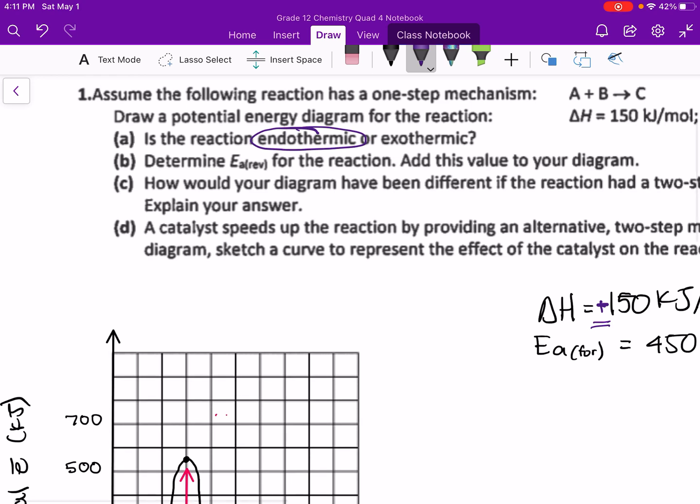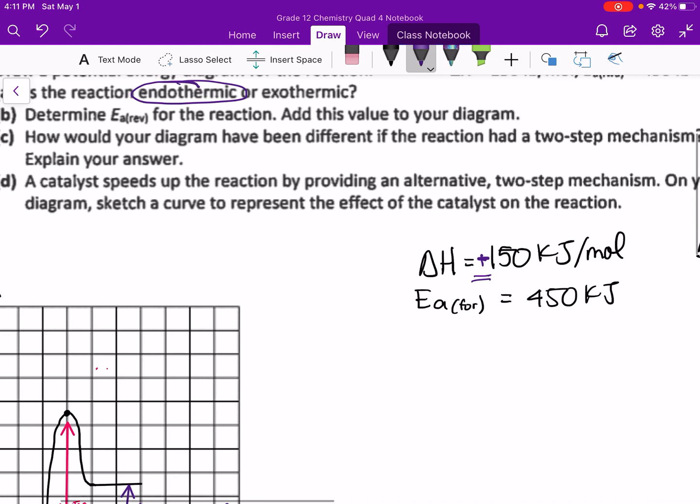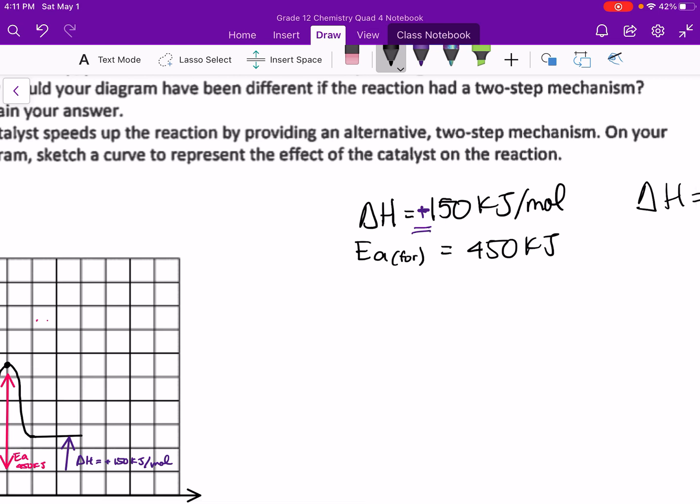For my activation energy in reverse, I need to consider my energy at my transition state minus my energy of my products.